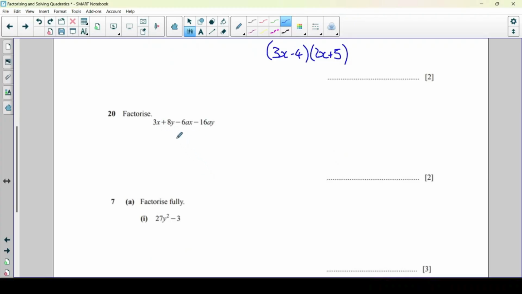For this next one here, it looks like 2 single brackets, but again I could only take a 1 out of these 2, and if I did that I don't think I'm going to get the same bracket, or maybe I will, maybe this one will work, because this one's got an x and this one's got a y, and this one's got an x and this one's got a y. So let's try straight away taking 1 out.